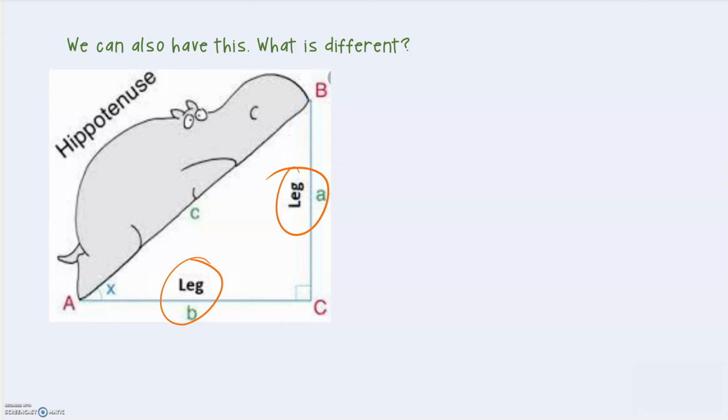So here we have that this angle is X, but if we're not talking about it at all, we're just going to say that this is a leg and this is a leg. And that's really all that we need to know for it. So just realize opposite and adjacent and leg, they're all the same when it comes to triangles. But no matter what, this hippo is still called the hypotenuse.